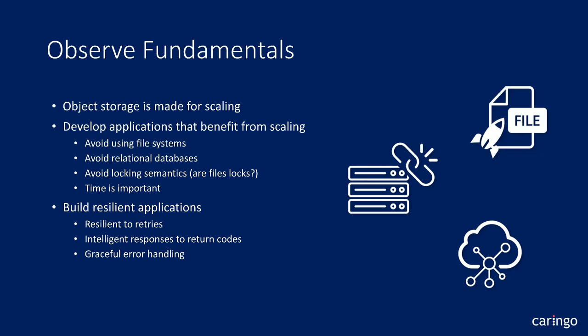It's not trying to be the fastest storage to write a block in a database to disk. That's going to be NVMe kind of applications. It's trying to be the most parallel storage, so that as you scale it up, it fundamentally gets faster because it has more parallelism. And so you want your application development to take advantage of that fundamental nature of object storage.